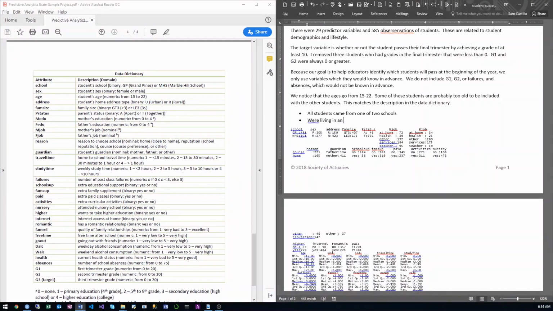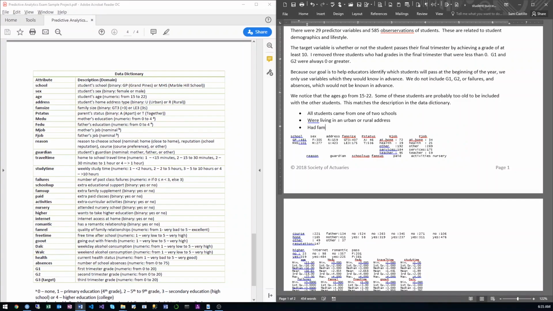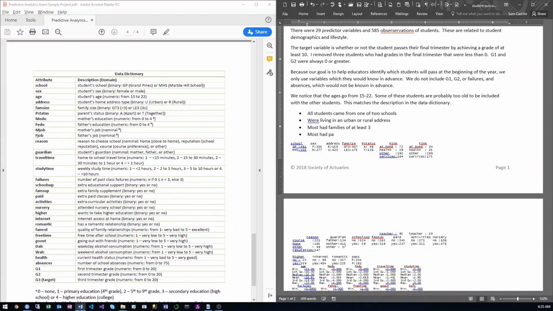Family size: GT3 is greater than 3, so families of at least 3. Most had that. What is P status? Parent status, apart or together. Most had parents that were together.